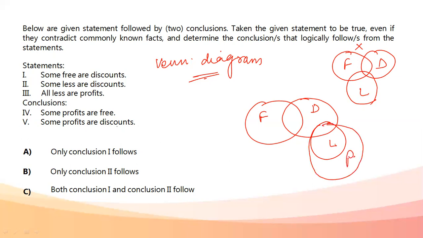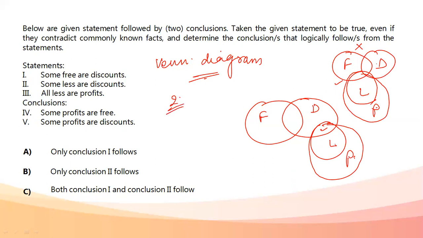Now the conclusion that follows is some profits are free. Okay, if we look at this case also, some profits are free. This is possible, and some profits are discount, this is also following up. So actually two Venn diagrams are possible for the same arrangement.